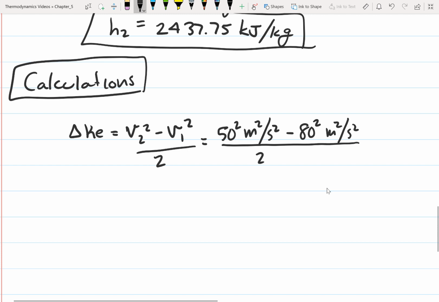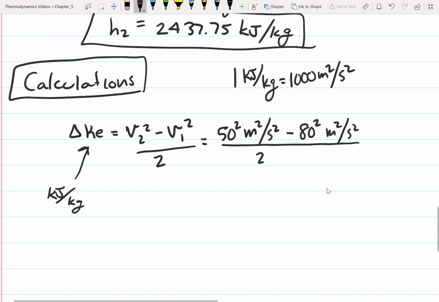And so this is where it can get a little bit confusing. We have units here of kilojoules per kilogram, but it looks like over here we have units of meters squared seconds squared. So we need to use this conversion that 1 kilojoule per kilogram is equal to 1,000 meters squared seconds squared.